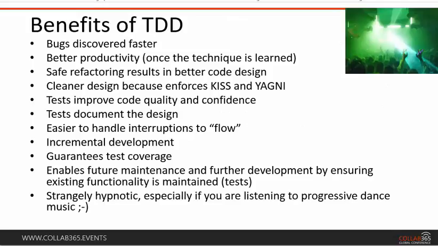Many benefits, apart from better code quality. It also helps you apply some of the lean principles and agile principles like KISS, keep it simple, and YAGNI, you ain't gonna need it.